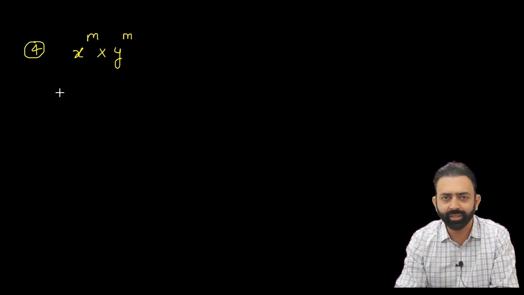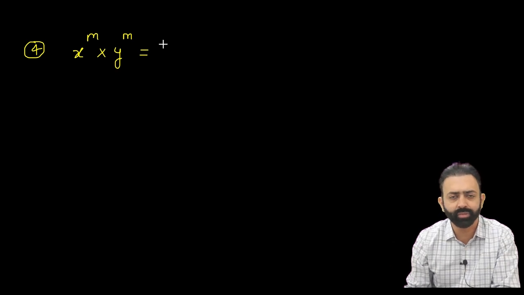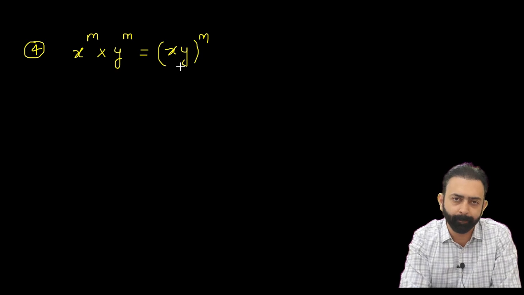Here the exponents are the same but the bases are different. In both law 1 and law 4, the numbers are in multiplication. There is nothing added for now. So how can we write this? We can first multiply these two bases, x with y, and this can be written with a single exponent m.